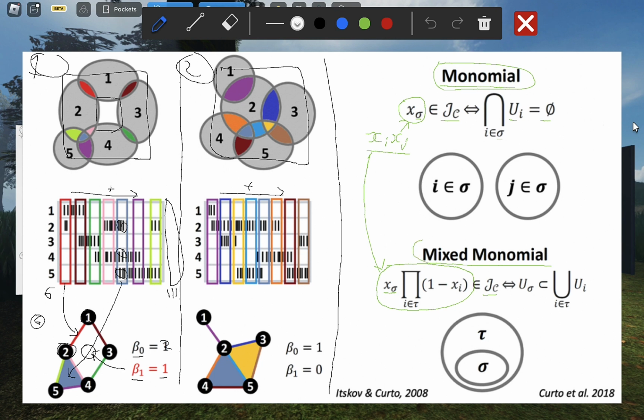And then we have these other ones called mixed monomial relationships. That's where you have two such sets, sigma and tau, which are different. Sigma could be a singleton now, and tau also could be a singleton. So this is kind of like one or more.